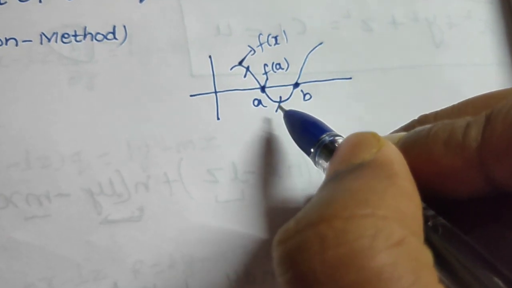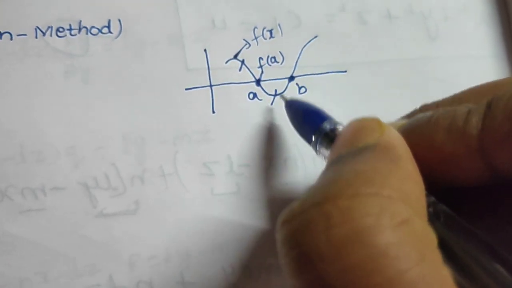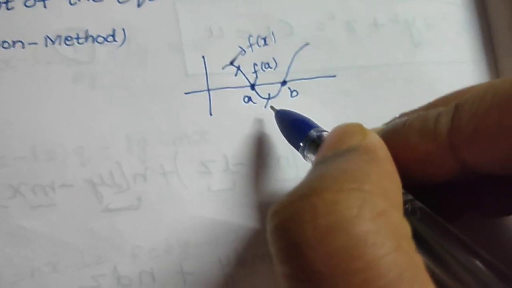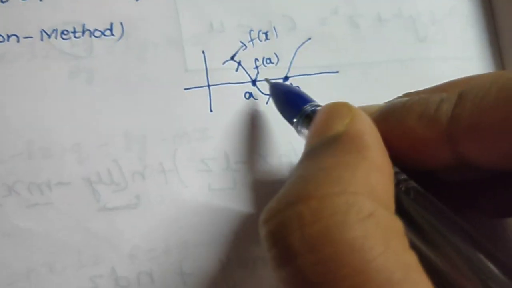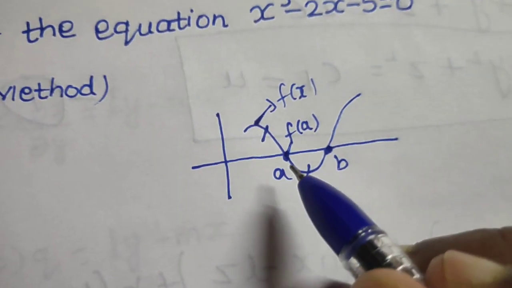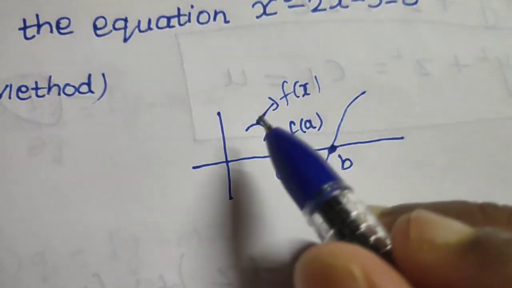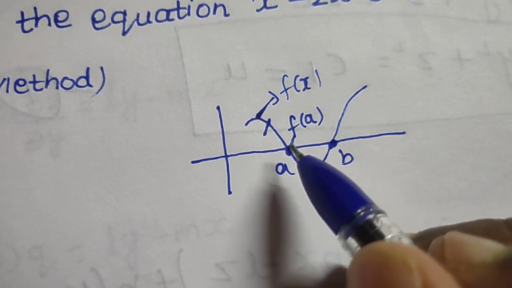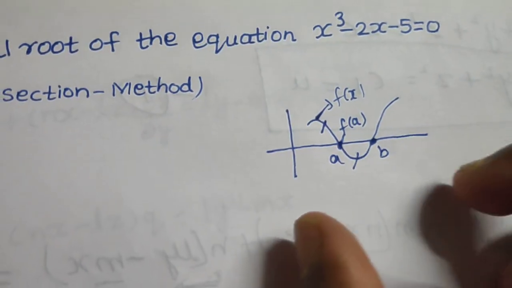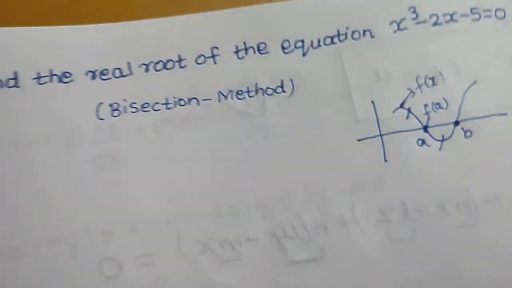To the right of A, till it reaches the point B, it is negative. So the sign is changing at A. That's what we are saying, that the sign or the value of the function is changing at A and B. This is the main funda of this method.